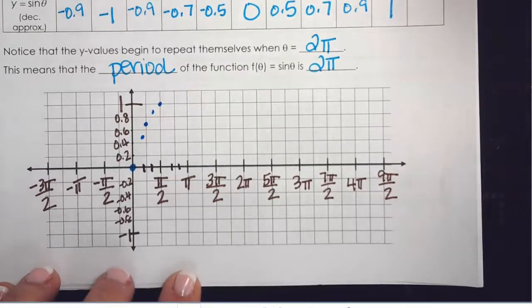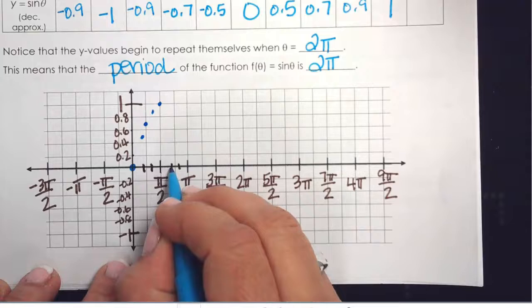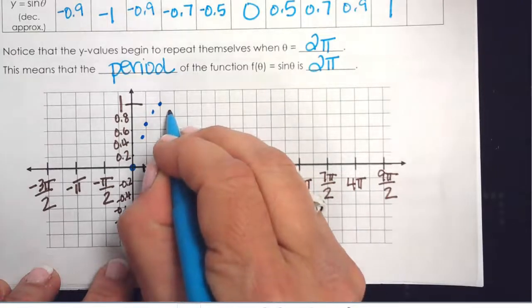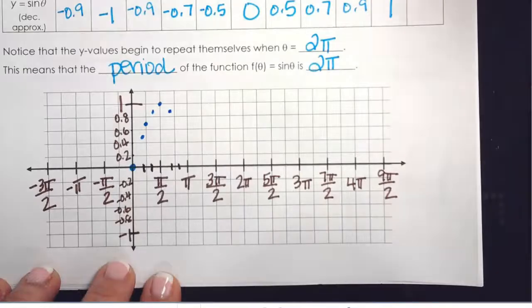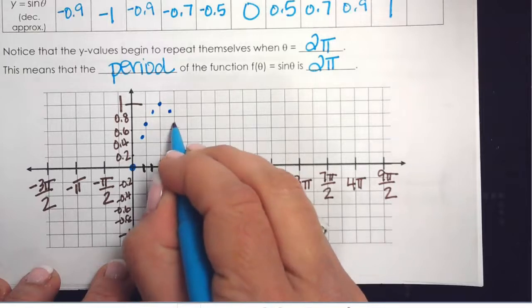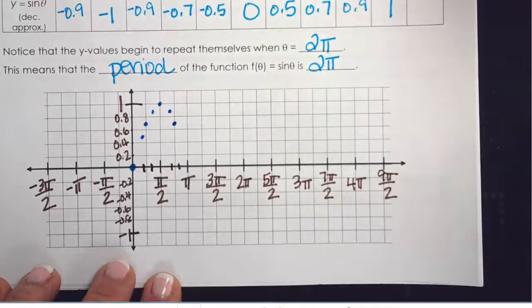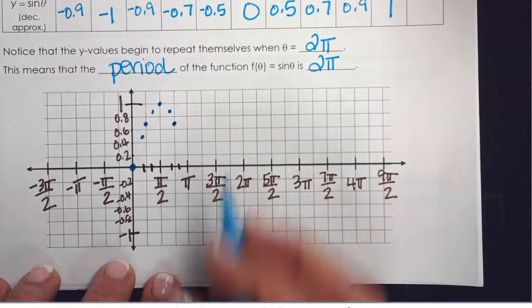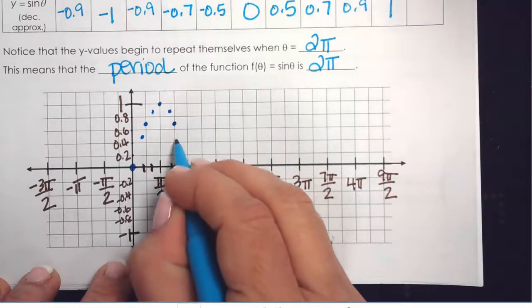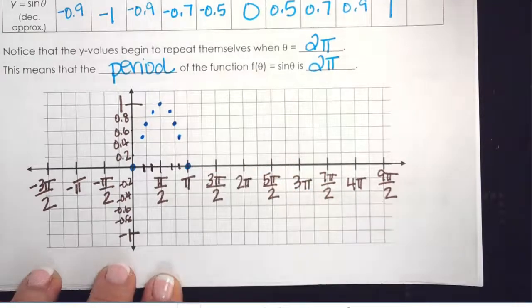We're just trying to get a sense of the parent graph. So this would be 2pi/3, which would be at that 0.86. This line would be 3pi/4, which is going to be 0.7. 5pi/6 would be 0.5. And then pi is at 0.